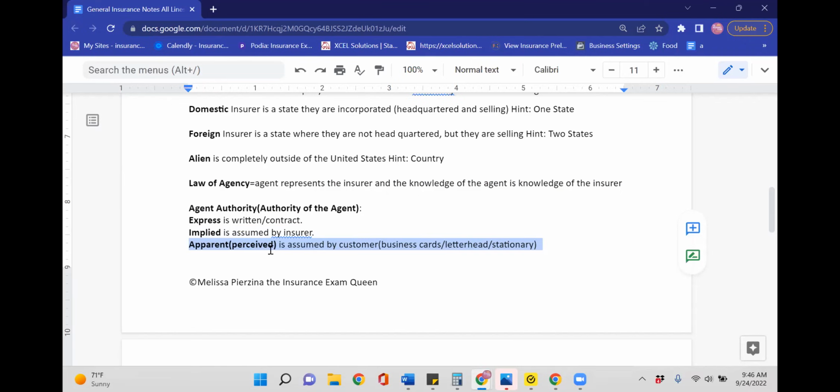Perception is what we think is true based on what we're seeing, our past experiences, and what we know and understand, but it's not actually true. So apparent authority comes from the perception of the customer. The customer thinks you have this power, but you may or may not.